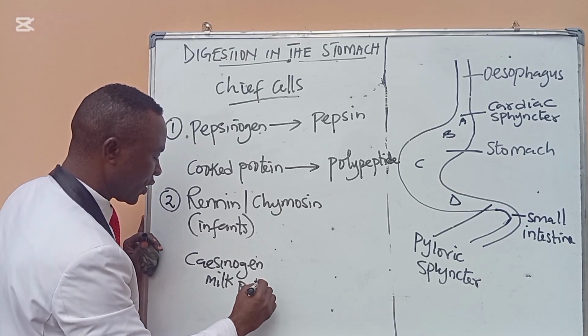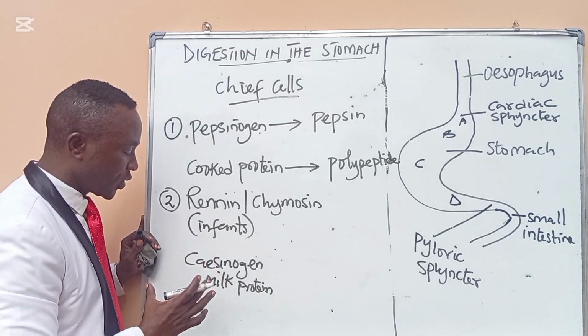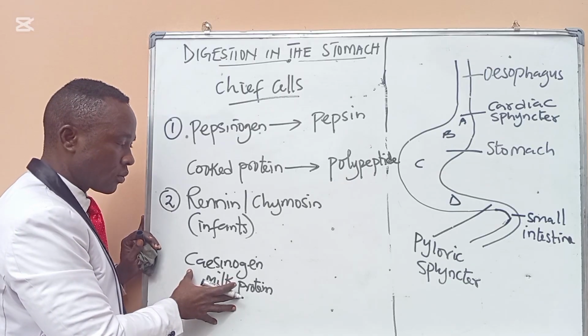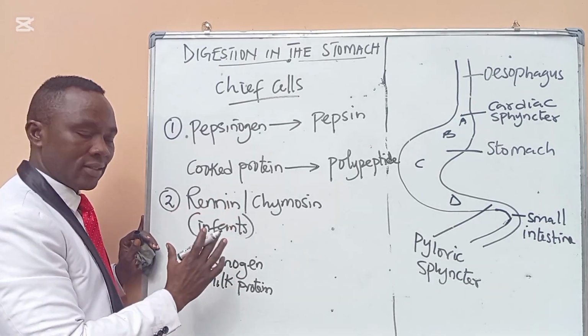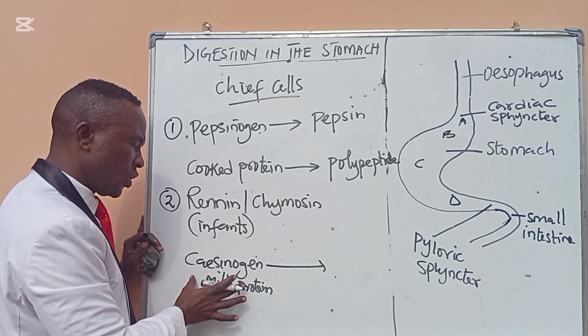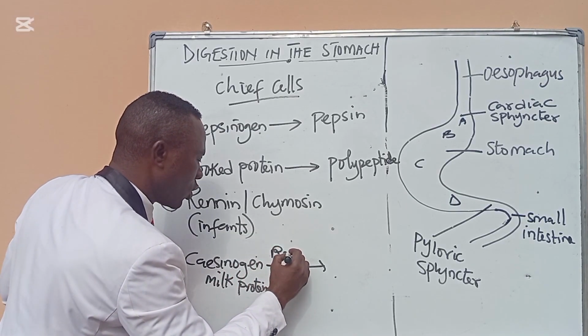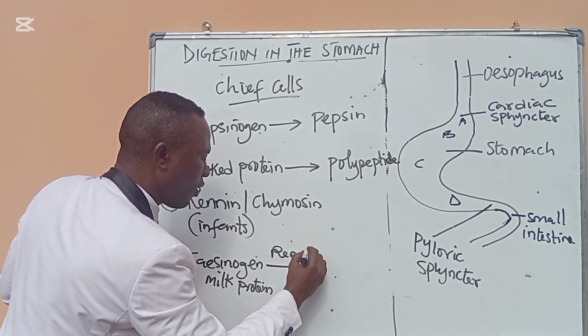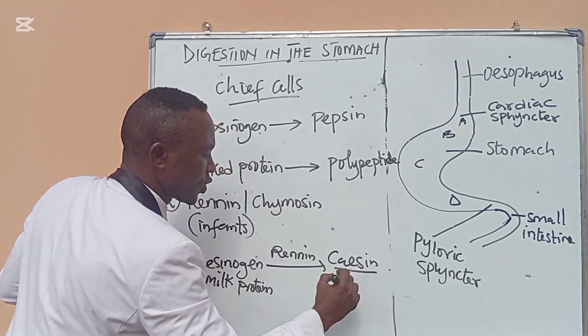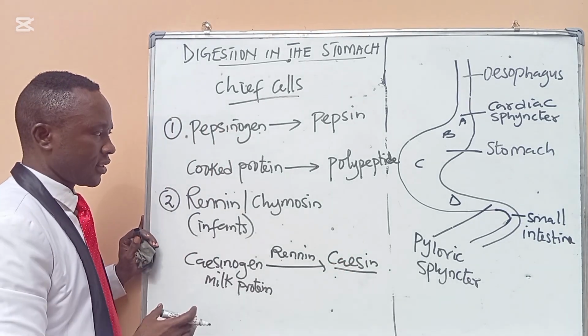What is milk protein called again? Milk protein is called caseinogen, and it is soluble. But this renin, an enzyme, acts on this caseinogen, which is soluble, converting it to insoluble casein.